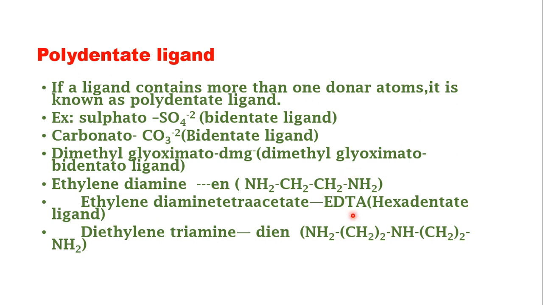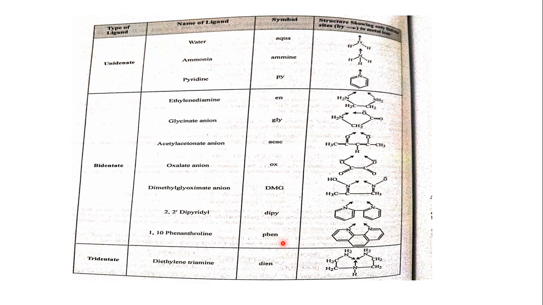Then you have EDTA, ethylene diamine tetraacetic acid, that has six donor atoms which can donate its electrons to the central metal ion. So that's why the hexadentate ligand. Then you have diethylene triamine, which is also denoted as DIEN, and the formula is as shown.